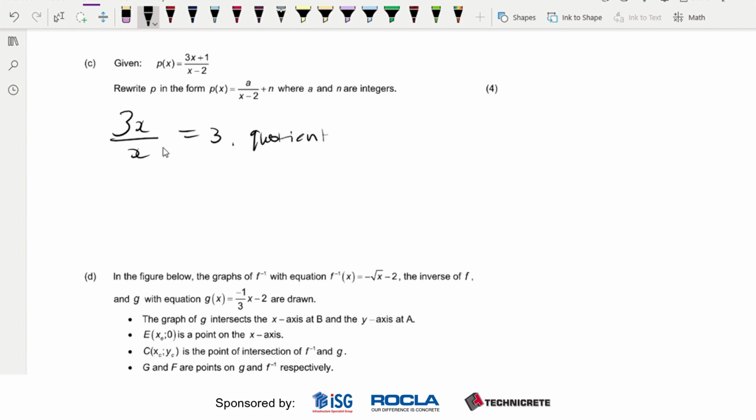So 3x divided by x is equal to 3. Next, we're going to multiply the quotient by the denominator. So our quotient, which we know is 3, we're going to multiply that by x minus 2. And that's going to give us 3x minus 6.